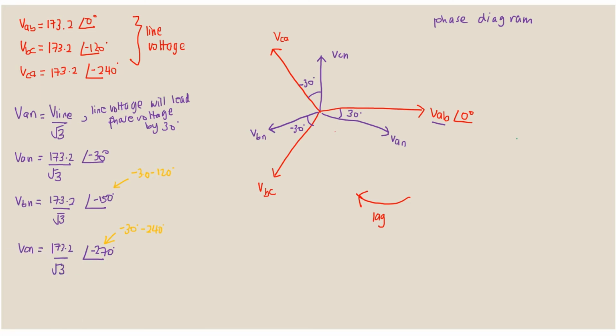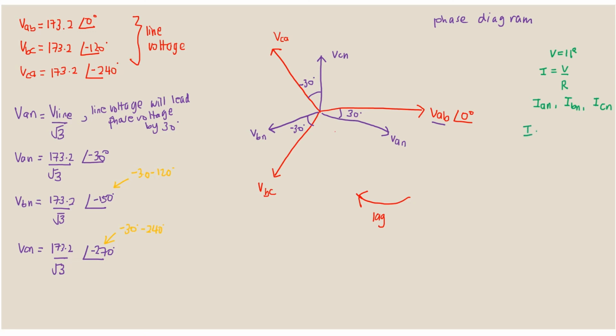By applying Ohm's law, V equals IR, so you can get I equals V over R. Here we want to calculate the phase current for each. So we need to get this information.